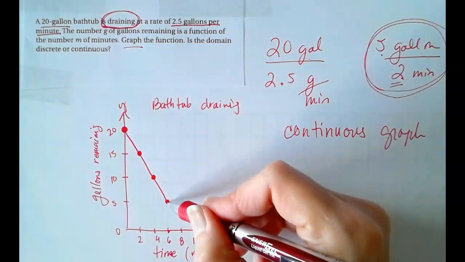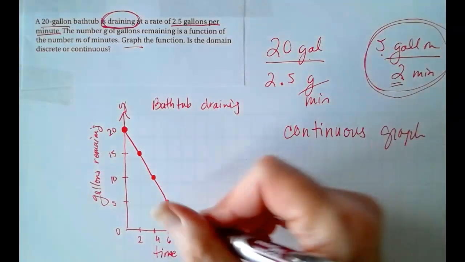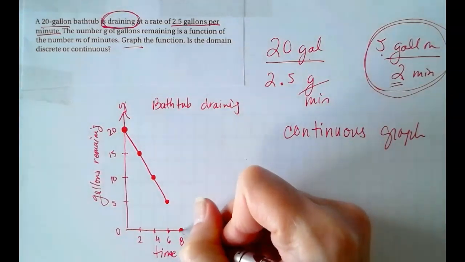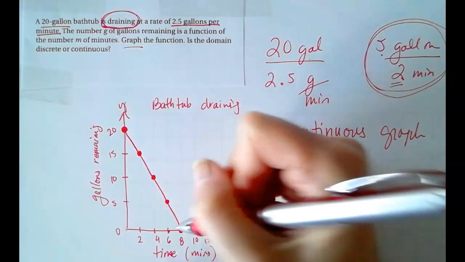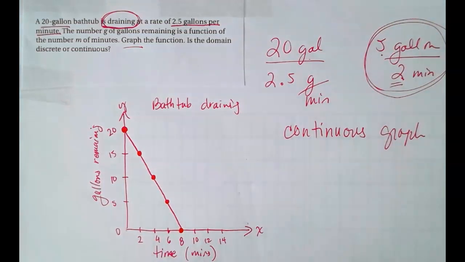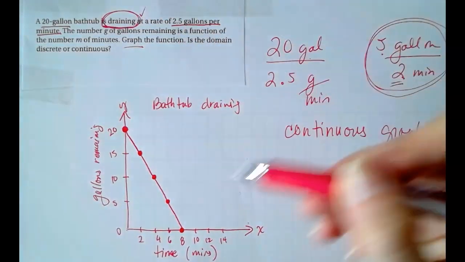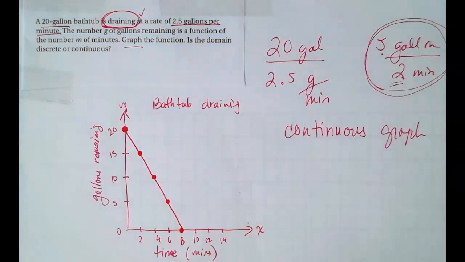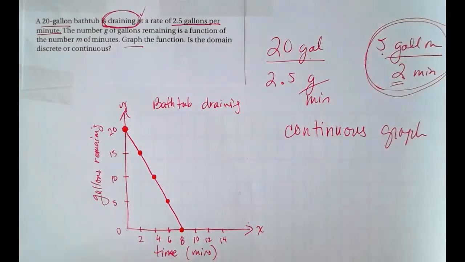And now we have 5 gallons, and after 2 minutes, another 5 gallons are gone, which means after 8 minutes, the bathtub will be completely empty. So, discrete in the previous graph, continuous in this graph. So, continuous, draining at a rate of so many gallons per minute. All of these words are lending to whether or not we're talking about continuous or discrete.